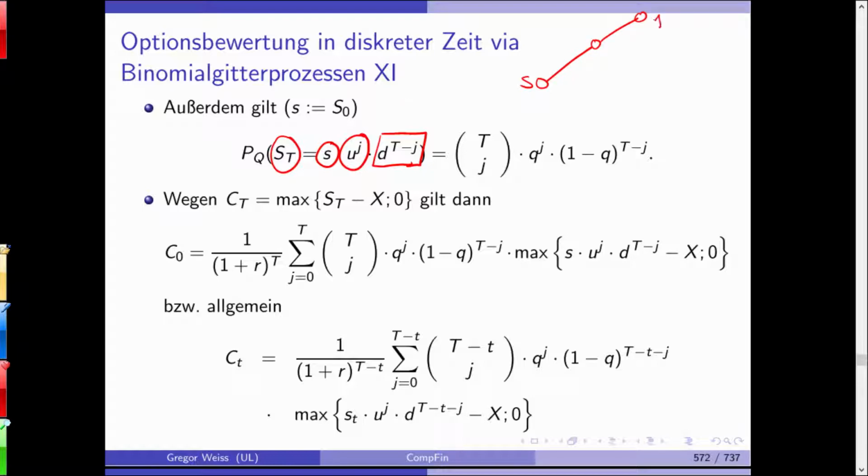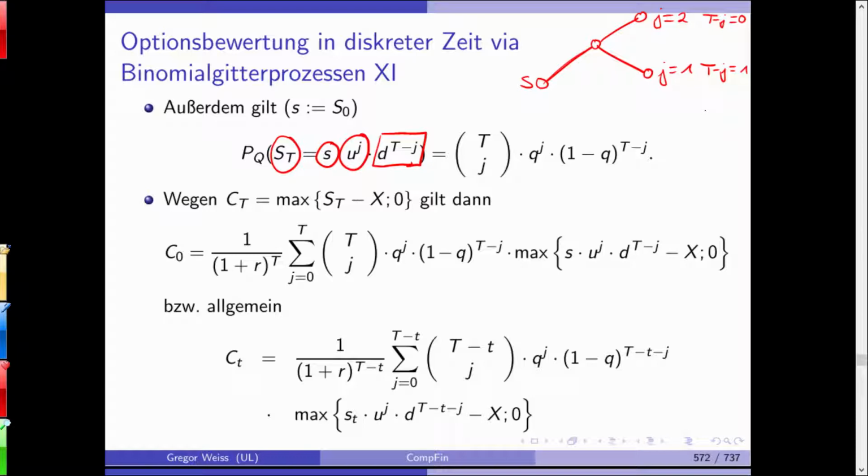In this case, J would be equal to 2 and T minus J would be 0. We can go up once and go down once, so J would be 1 and T minus J would be 1, and so on. So J, the index J, is the number of times we've gone up. And if we've gone up 5 times, we can have gone down only T minus 5 times.